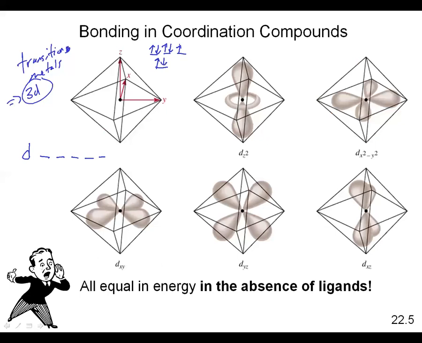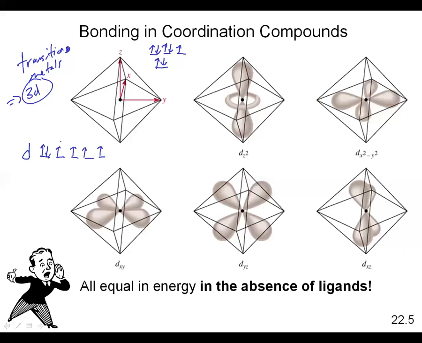If the lowest gets filled, they go to the next lowest, and then that one gets filled and they go to the next lowest. So obviously, in the absence of a ligand, if all the d orbitals are perfectly equal in energy, they would fill these d orbitals one at a time, and then come back and start pairing up.